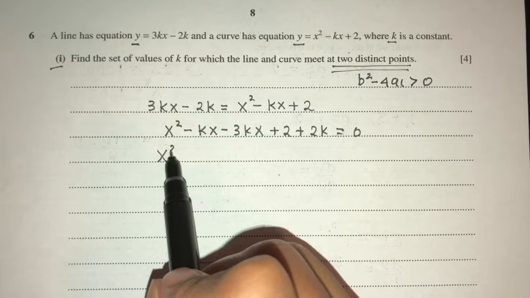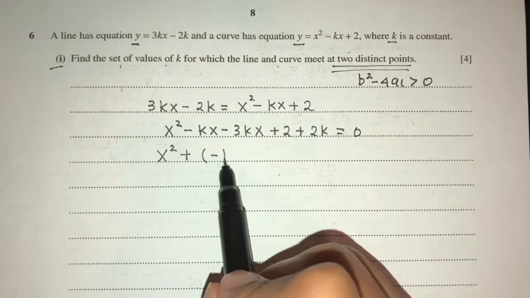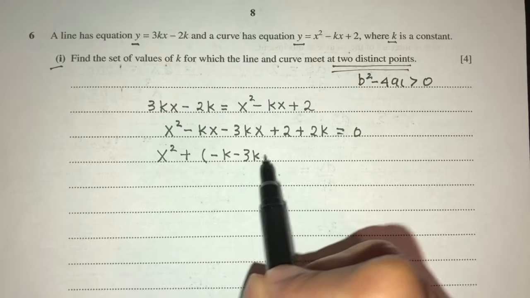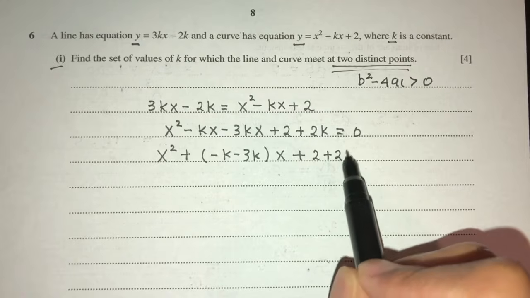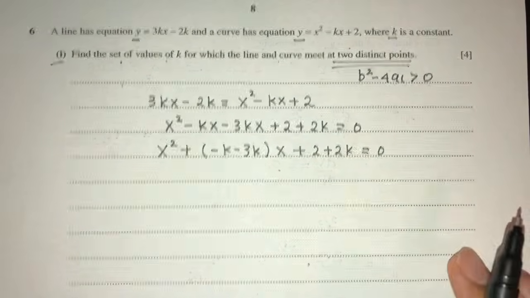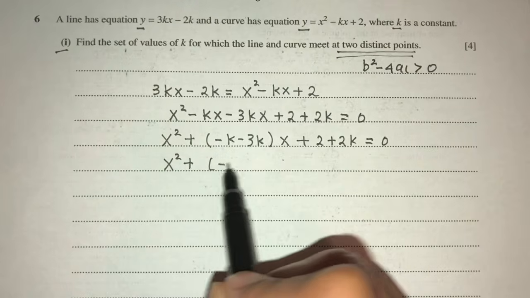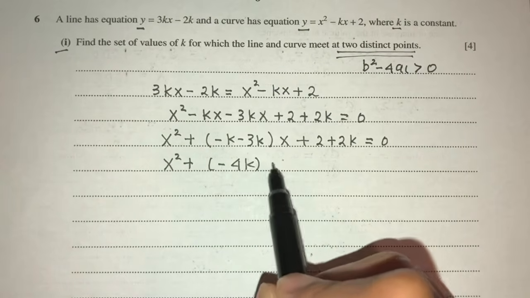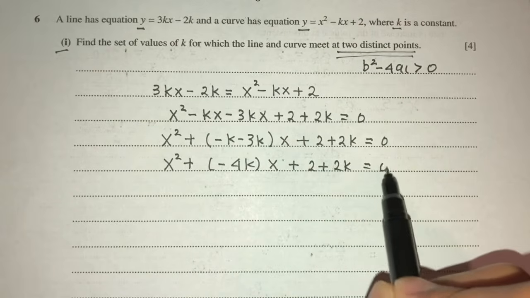Now we can simplify this. That will be x squared minus 4kx plus 2 plus 2k equal to 0.